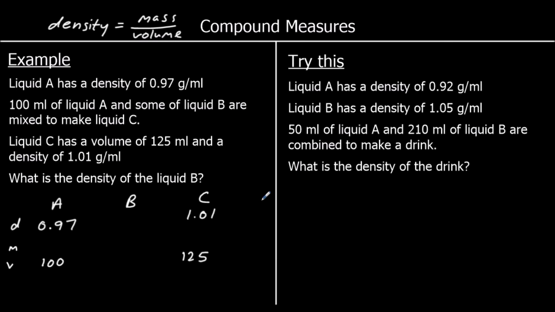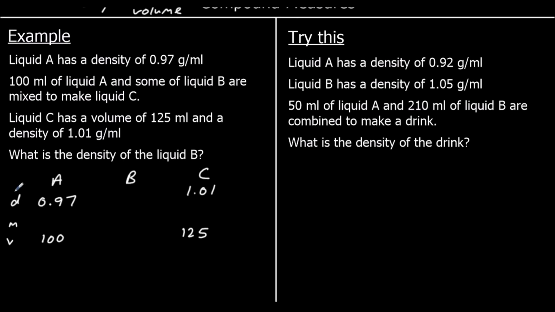So we want the density of liquid B. So what we're going to do is find the mass of liquid B. So density of B is going to be the mass of B divided by the volume of B.